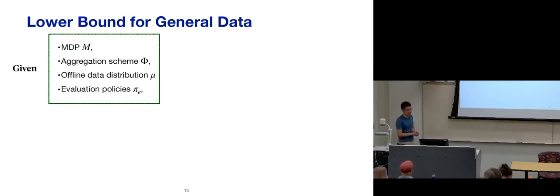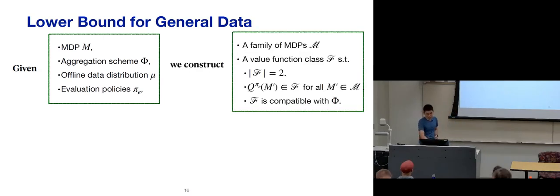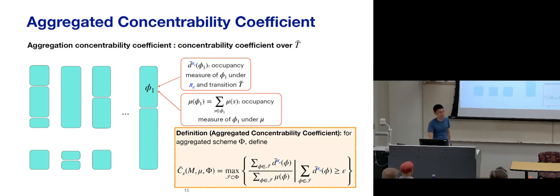So after this, we'll give the lower bound for general data. Suppose we are given an MDP M, an aggregation scheme phi, an offline data distribution mu, and an evaluation policy pi e. We can construct another family M such that the value function class contains only two Q functions, and this F is also realizable. Here we also require F to be compatible with phi, meaning the Q functions for the states within each aggregation are all the same.